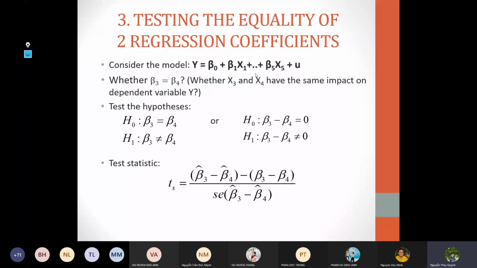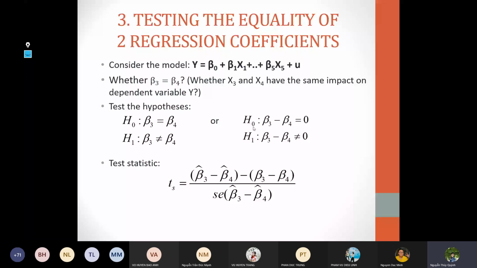We want to see whether the effect of x3 on y is the same as the effect of x4 on y. All right, so we will test the hypothesis like this. We have H0 is that beta 3 equal to beta 4, and H1 is that beta 3 is different from beta 4.